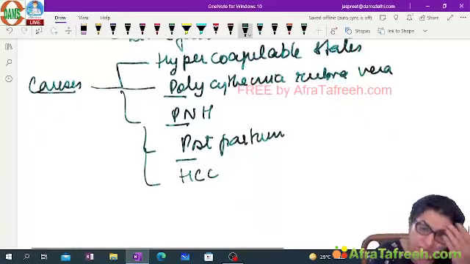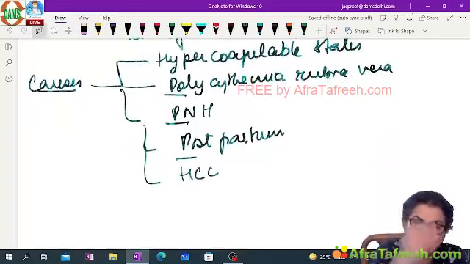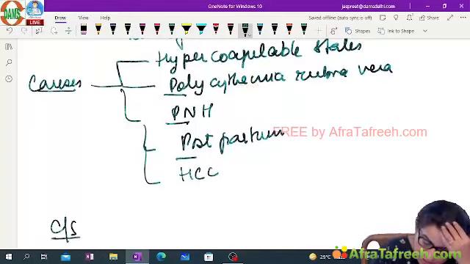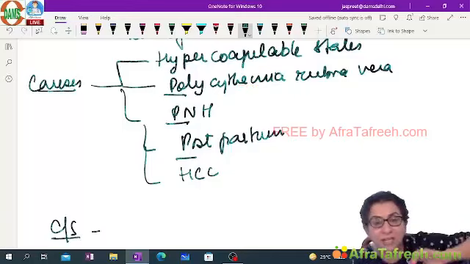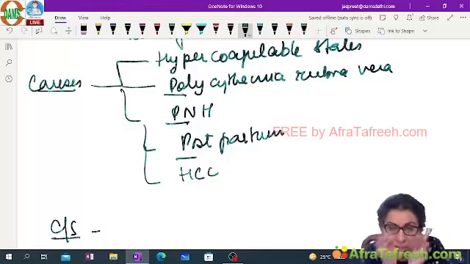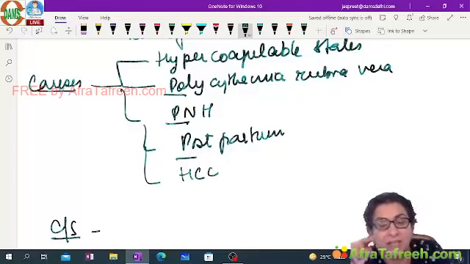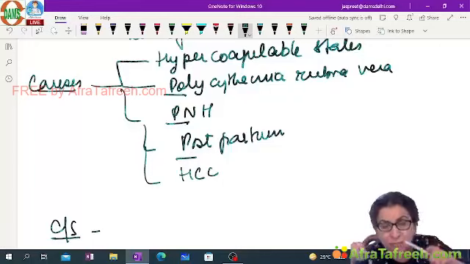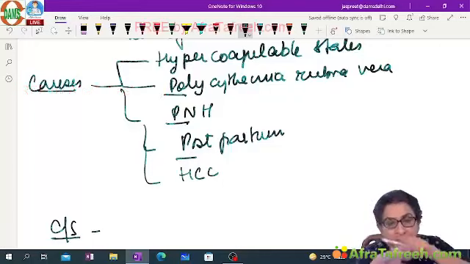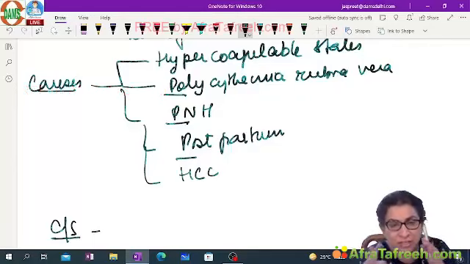If you look at the cut section of the liver, you will see alternating light and dark areas. Dark areas are the areas of congestion, and they will be around the central vein. Areas away from the central vein will be lighter in color.